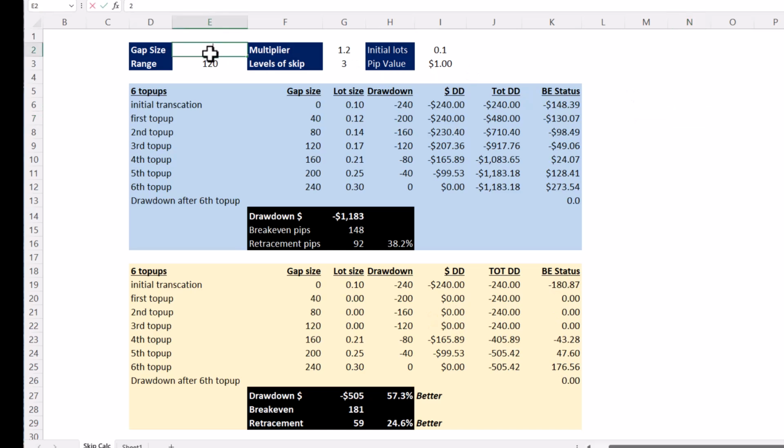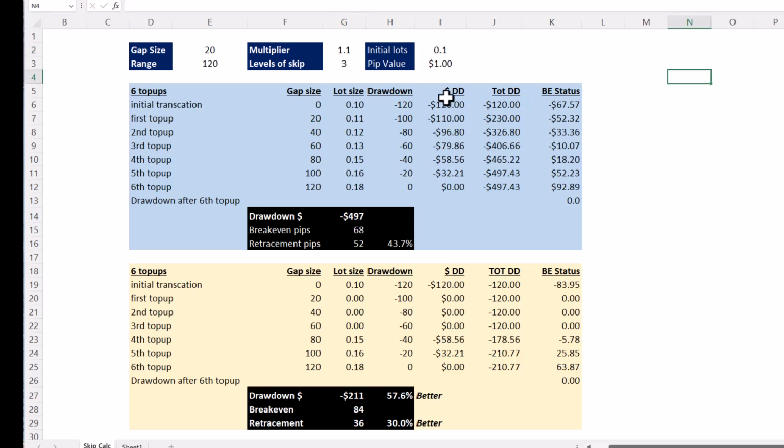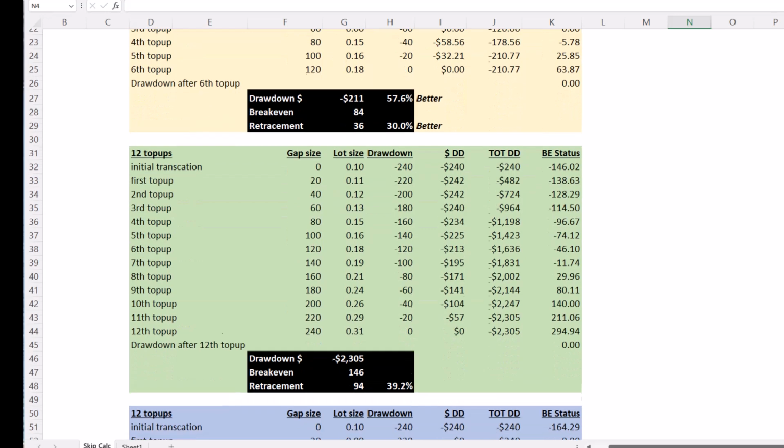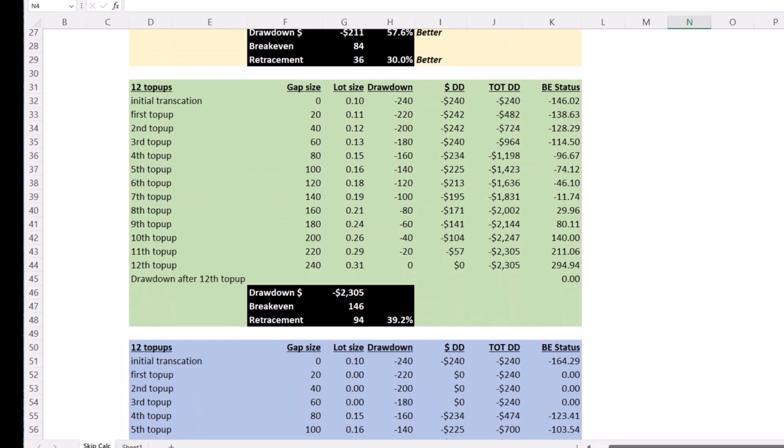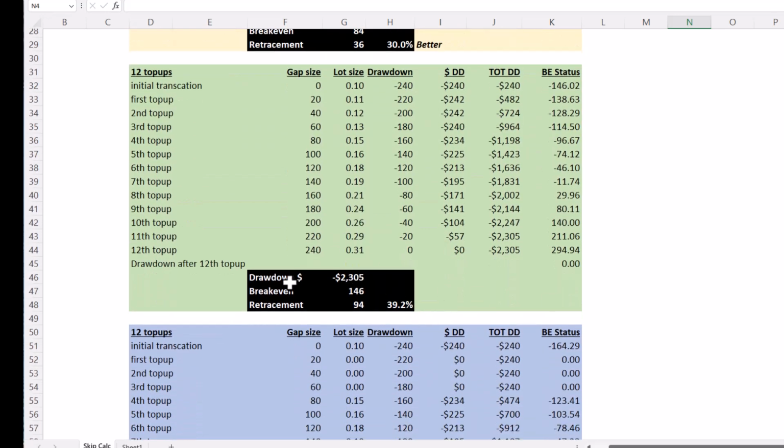And let's just put this back at 20, and let's put that back to a normal setting, and then we can get a better valuation of the 12 top-up level. Look at the big difference it's made. The drawdown has gone down to 2,300.